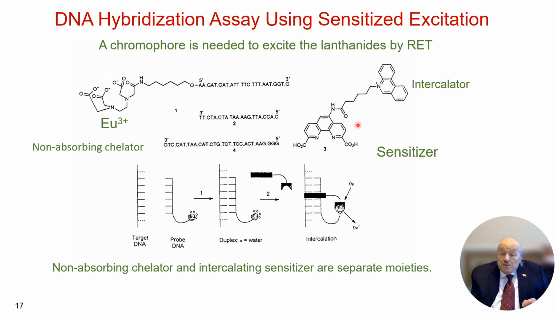So what you use is something that intercalates into the DNA. And when it intercalates into the DNA, it brings it close to the fluorescent lanthanide, and hence you can detect a complementary sequence or DNA hybridization. And once again, the acceptor does not have to be fluorescent. It just has to have significant absorption.